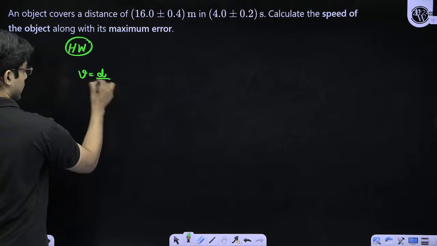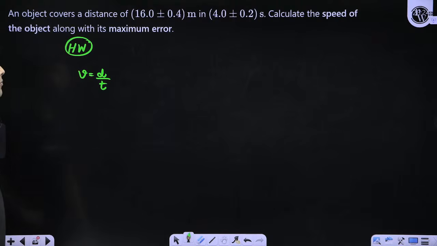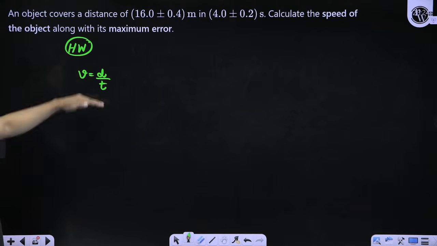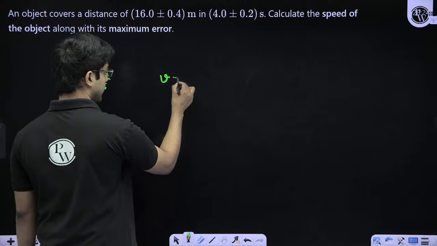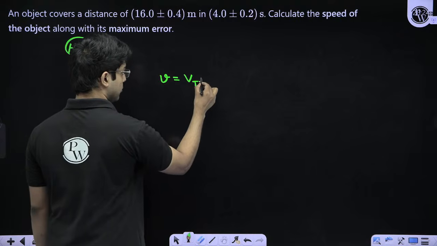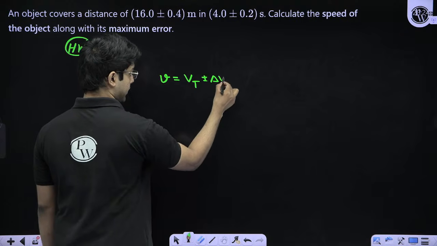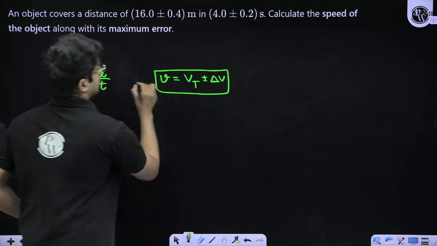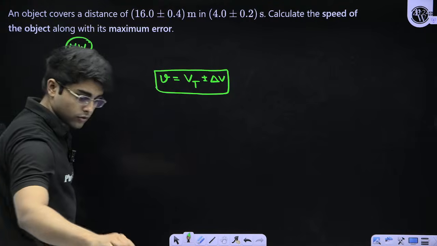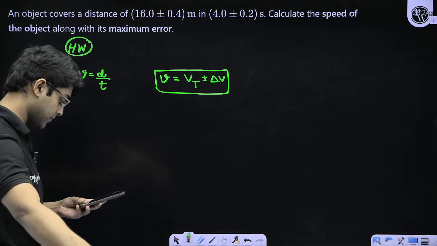So speed you can write as distance divided by time, and do what we did so far. Then you will finally have to express speed as true value plus or minus error in the speed. So try this out as homework, guys.